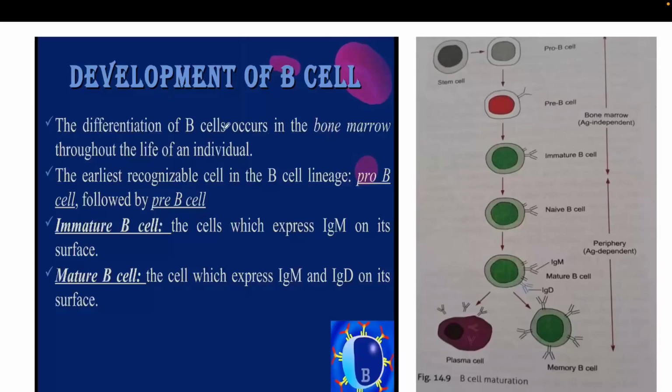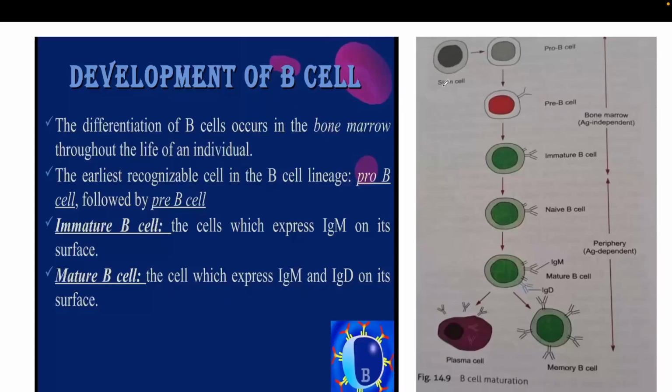The first B cell lineage is the pro B cell, followed by the pre B cell, then the immature B cell, which expresses IgM on its surface. Finally it will produce the mature B cell, which has IgM and IgD on its surface. Okay, so this is the flow chart.